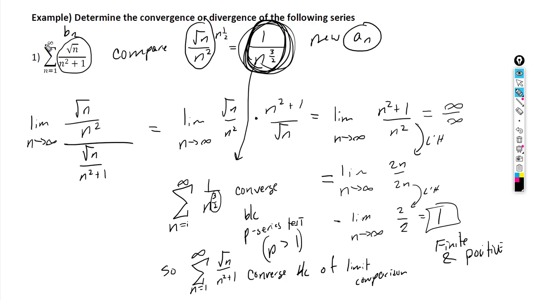If I have some series that I have no idea what's going on, I can compare it to some series that is similar, and then I can use the limit comparison test, divide a sub n by b sub n, and figure out that limit. If that limit is finite and positive, then whatever a sub n does, b sub n is also going to do. All right, so let's go to another example.